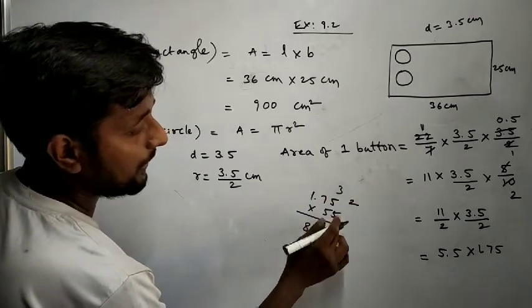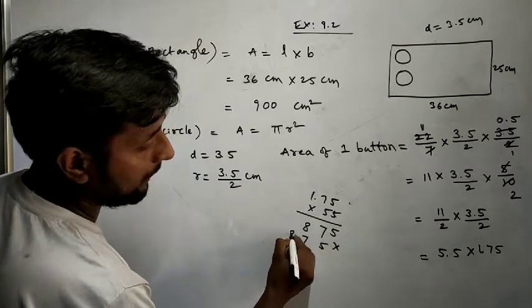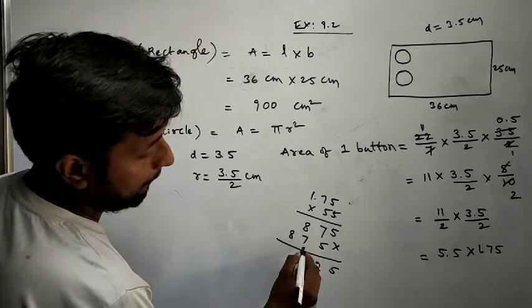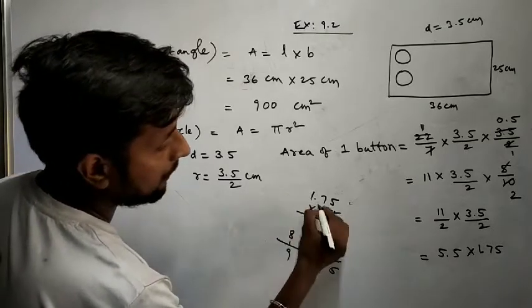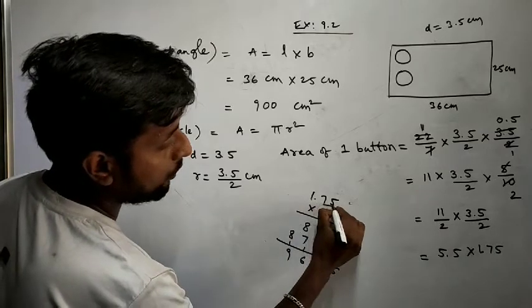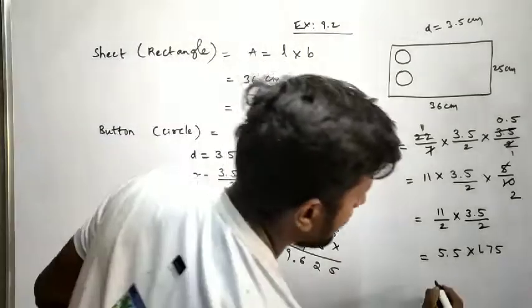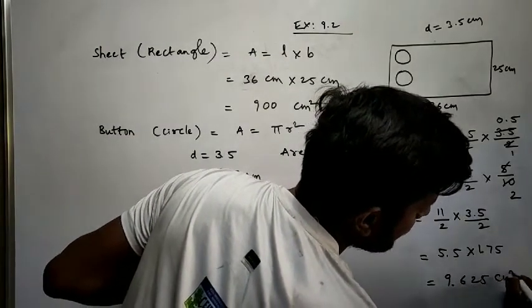Same. One more 5 now. After the decimal, look here, 2 digits, here 1 digit. So overall after 3 digits we'll put the decimal. So answer is 9.625 centimeters square.